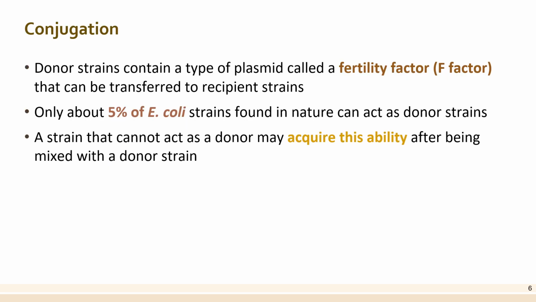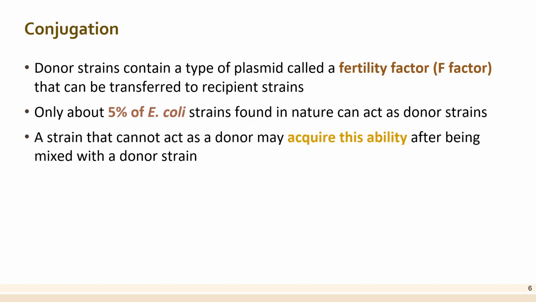In the process of conjugation, the physical connection between two bacteria that allows for gene transfer, the donor cell must carry a specific gene or set of genes that are going to code for the production of that pilus, or tube, that is going to establish the connection between the two bacteria.